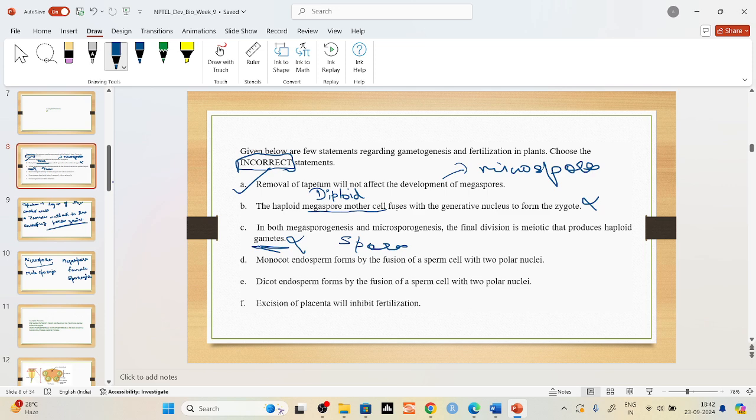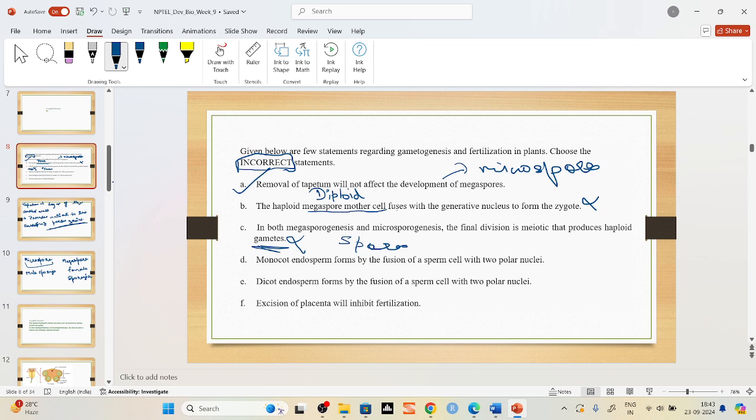Then your next statement is monocot endosperm forms by the fusion of a sperm cell with two polar nuclei. Is it a correct statement or an incorrect statement? It is correct. So we know that in monocots, double fertilization happens. So during double fertilization, the sperm cell fuses with two polar nuclei.